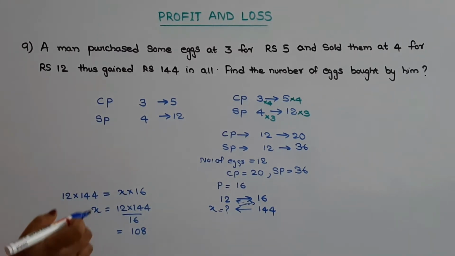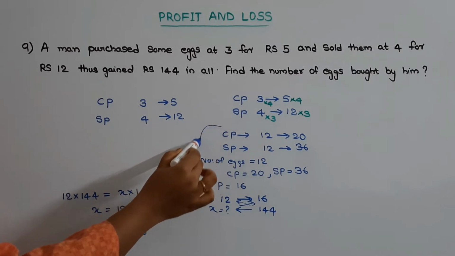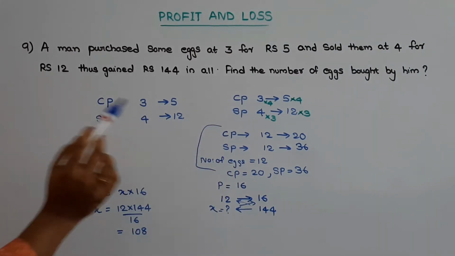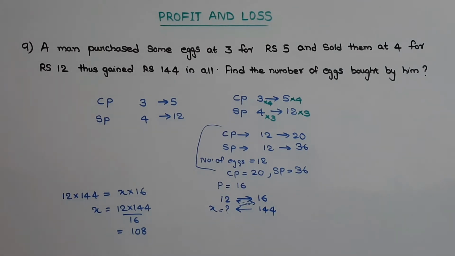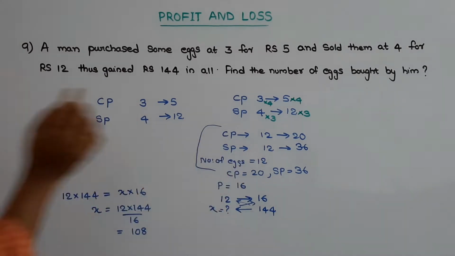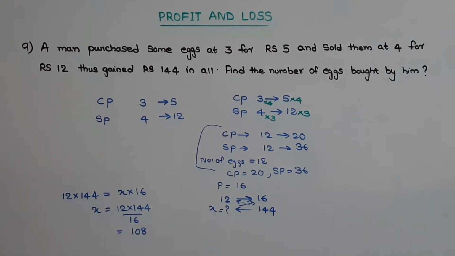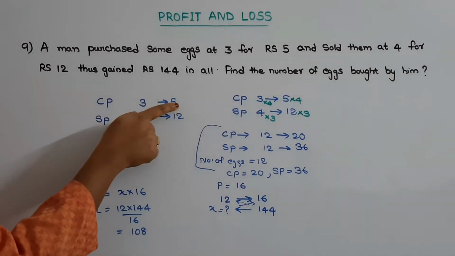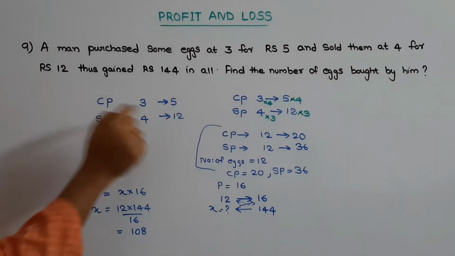Now, to find the selling price, cost price and number of eggs, there is a shortcut method. Let us see what it is. First you write like this: cost price for 3 eggs is 5, selling price for 4 eggs is 12.